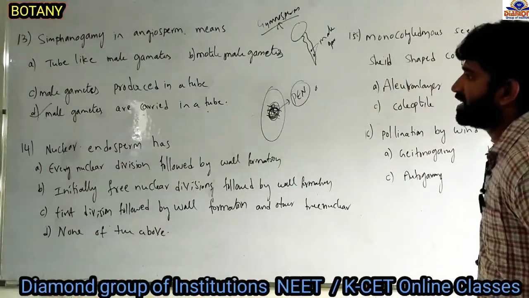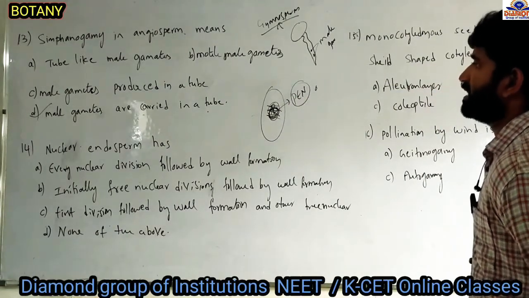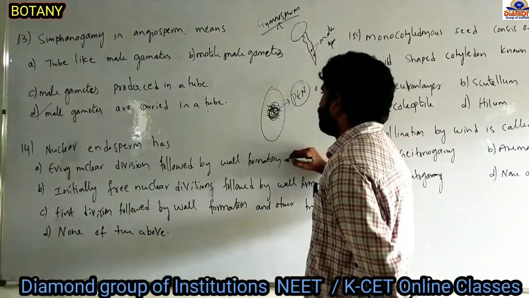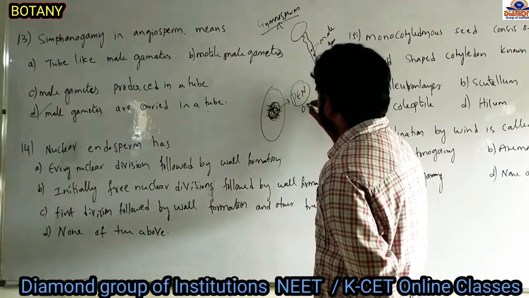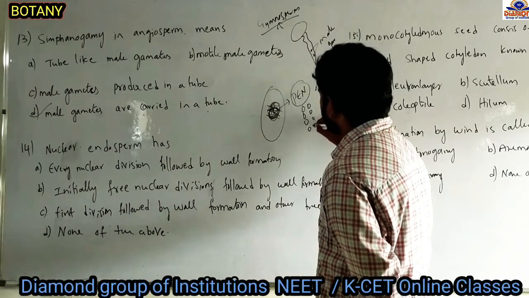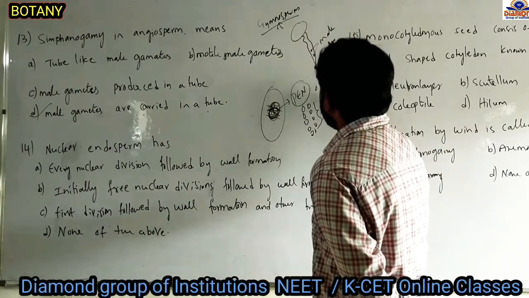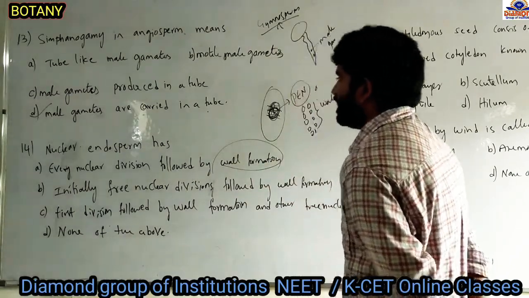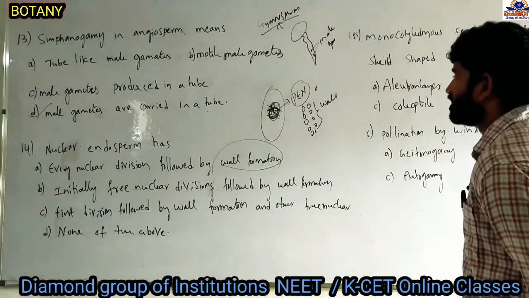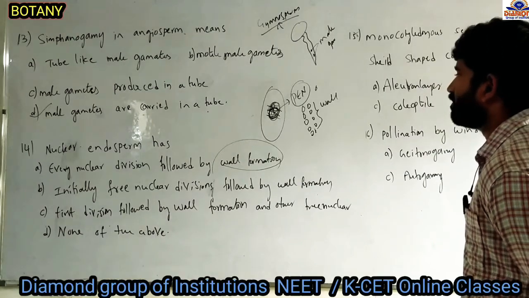They given as every nuclear division followed by wall formation. Here the primary endosperm nucleus undergoes divisions and forms a multinucleate condition, and wall formation is absent. And option B, initially free nuclear divisions followed by wall formation.